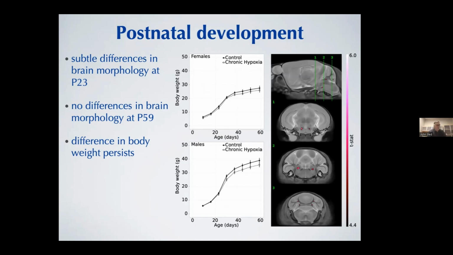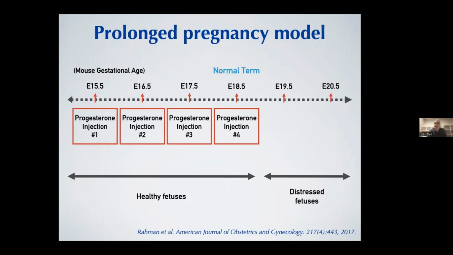So I'm mindful of the time here. I want to contrast that with a different model that we've looked at, which is based on late onset fetal distress. In this model, we create the fetal distress by prolonging pregnancy, and we do that by daily injections of progesterone.